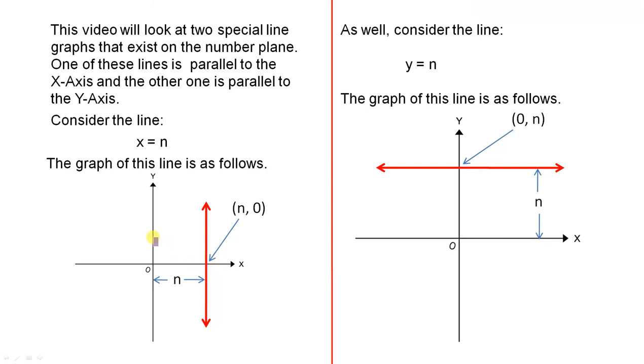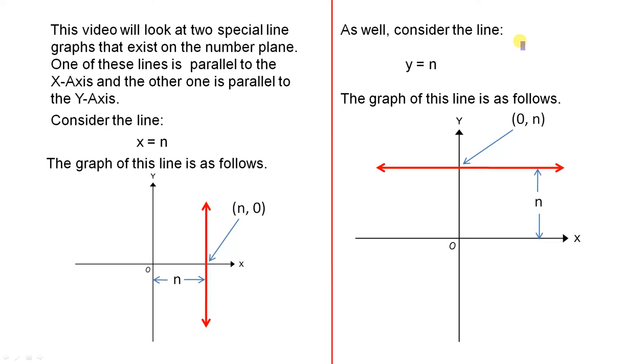So because it's n units to the right of the y-axis, it is parallel to the y-axis. So x equals n is n units to the right of the y-axis, which means it is parallel to the y-axis and it crosses the x-axis at the point (n, 0).